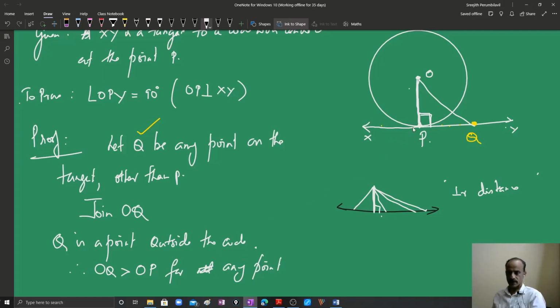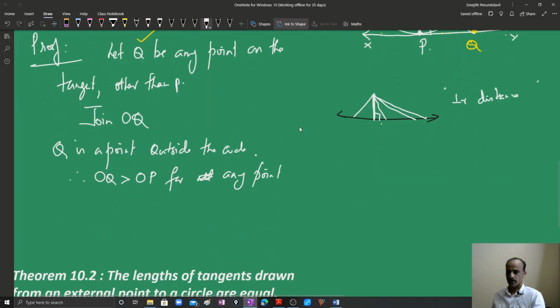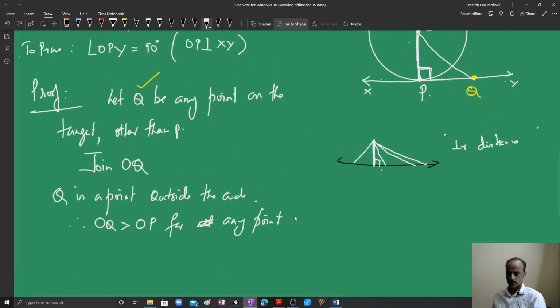Wherever I mark Q, it is outside the circle, because this is a tangent, and a tangent touches the circle at exactly one point. That means P is the point on the circle, and Q, being somewhere other than P, is not on the circle. That means Q is outside the circle, so OQ is greater than OP.